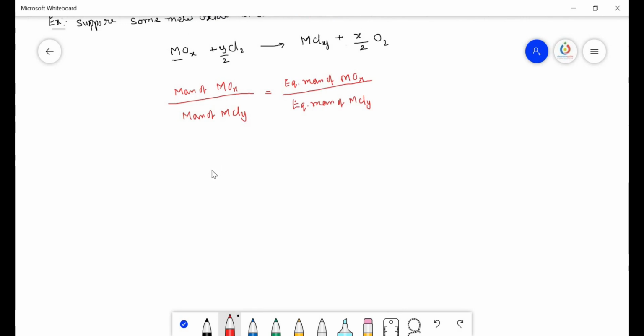Similarly, the mass of the metal oxide, MOx, divided by the mass of the metal chloride equals, in this metal oxide both metal and oxygen are there, so we can separately write it as the equivalent mass of the metal plus the equivalent mass of the oxygen, divided by, here metal and chlorine are there, so the equivalent mass of the metal plus the equivalent mass of the chlorine.